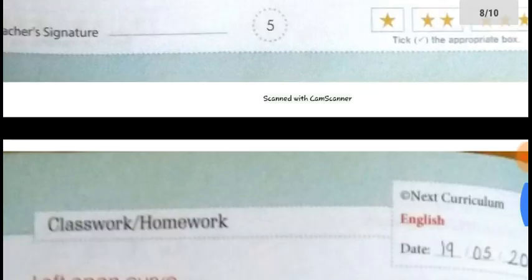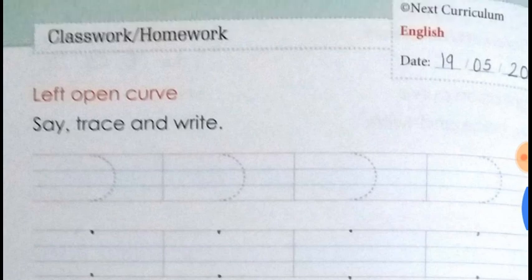Now students, please take out page number 6. Yes, this is page number 6. Again you have to mention the date here, 19/5/20. Left open curve, say, trace and write.